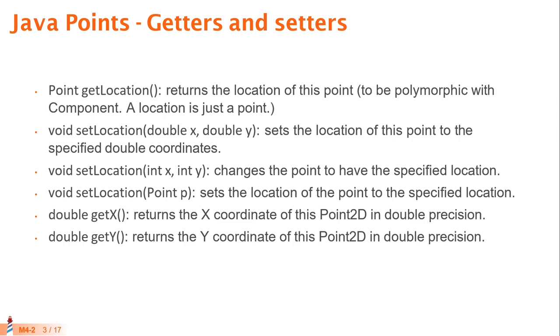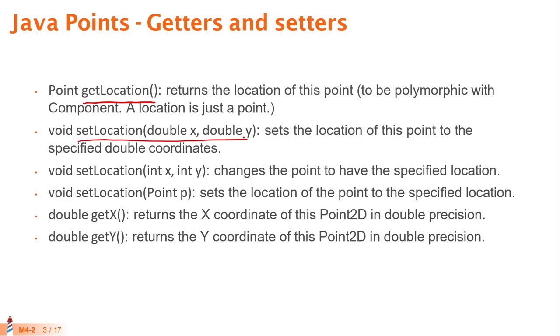If we get this information from the documentation of Java, we see that points understand a series of messages. Basically, they have a way of getting a location. A point will return itself as the location, as the location of a point is just a point, so it returns self. It has a way of setting this location.